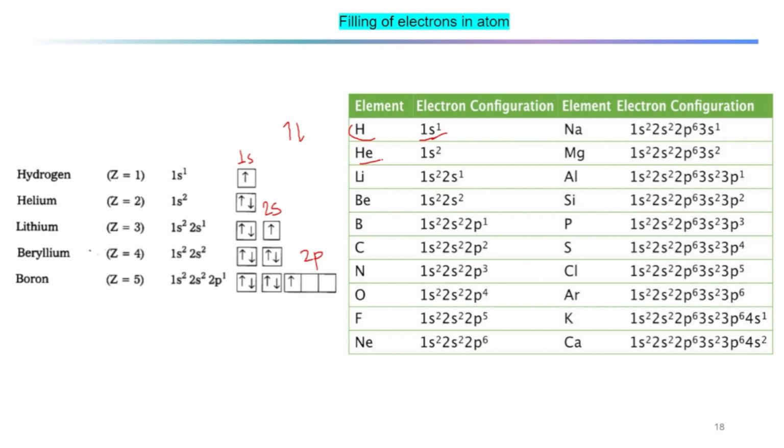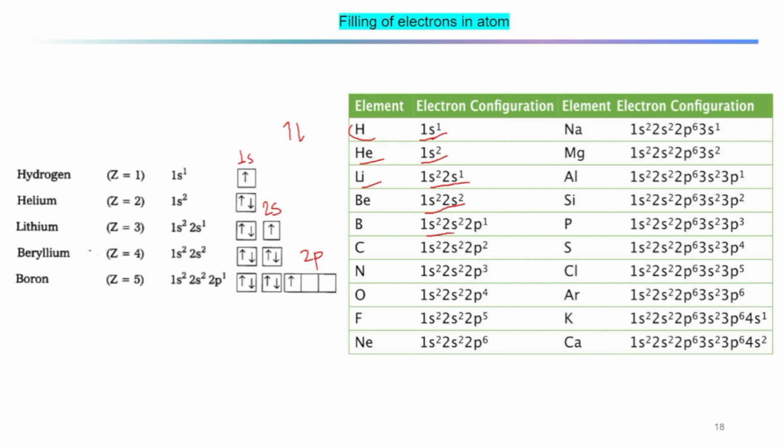In case of helium, the electronic configuration is 1s2. In case of lithium, another electron comes and that occupies 2s. So the electronic configuration becomes 1s2 and 2s1. In case of beryllium, the next electron also takes 2s, so 1s2, 2s2.